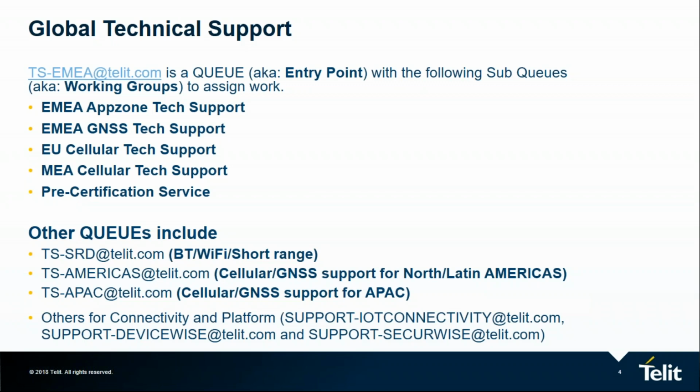The TS Americas, for all the Americas customers, gives support to Cellular and GNSS. APAC, the same. And we also have dedicated emails integrated in Salesforce to support connectivity and platform and any requests related to our IoT portal.